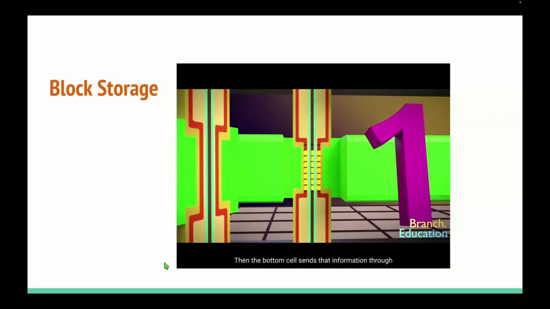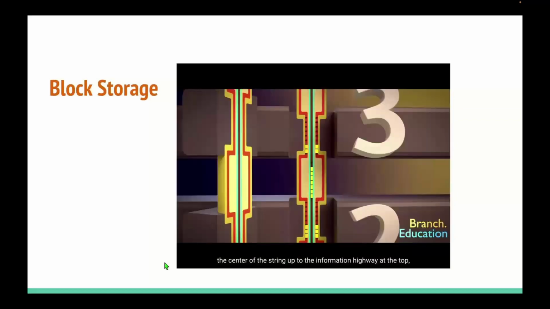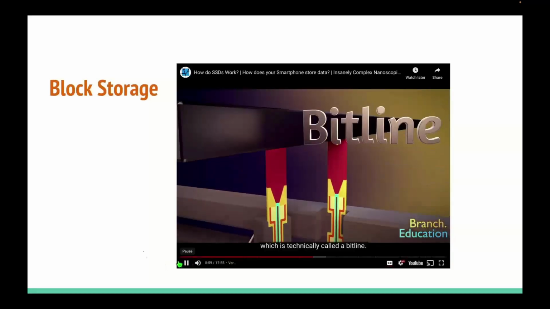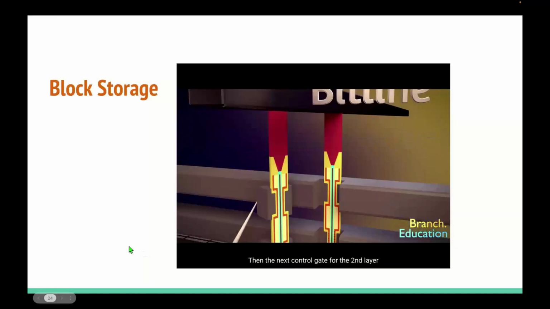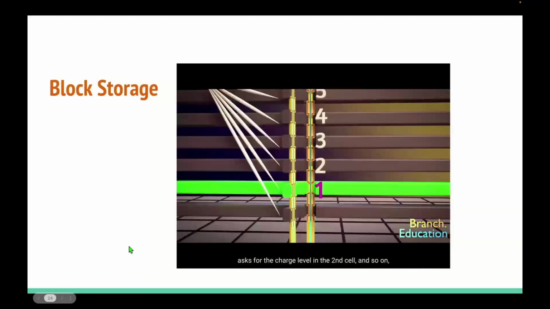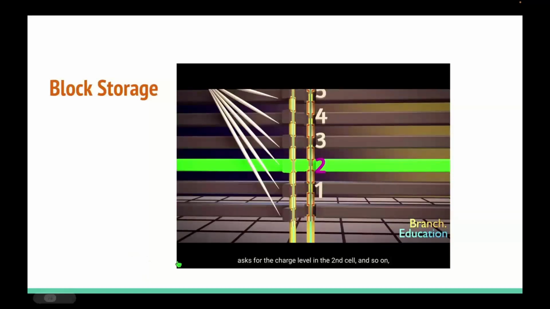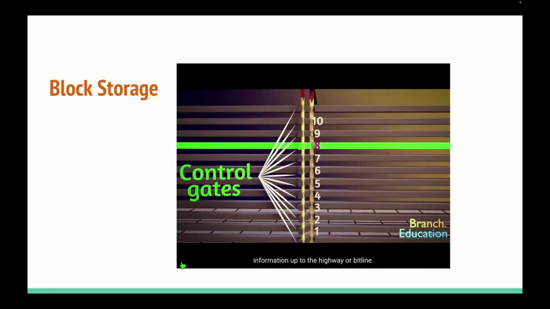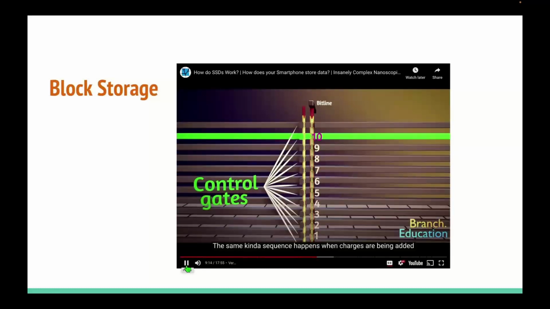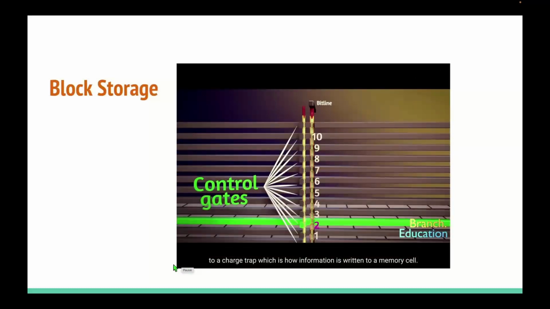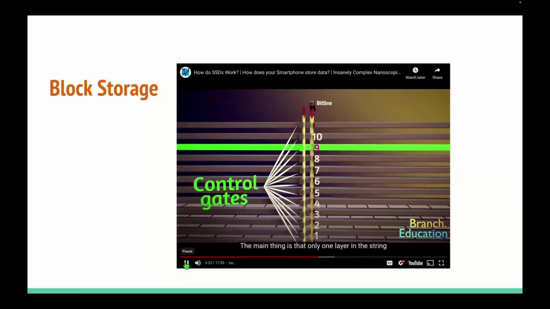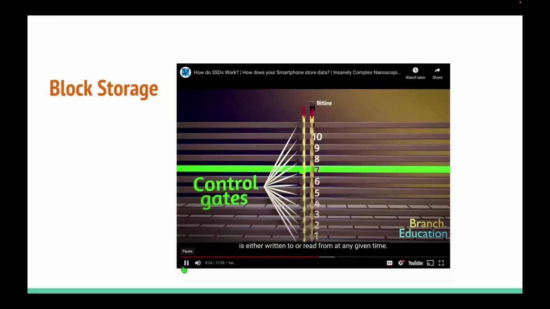Then the bottom cell sends that information through the center of the string up to the information highway at the top, which is technically called a bit line. Then the next control gate for the second layer asks for the charge level in the second cell, and so on up the string, each cell sending their information up to the highway or bit line. The same kind of sequence happens when charges are being added to a charge trap, which is how information is written to a memory cell. The main thing is that only one layer in the string is either written to or read from at any given time.